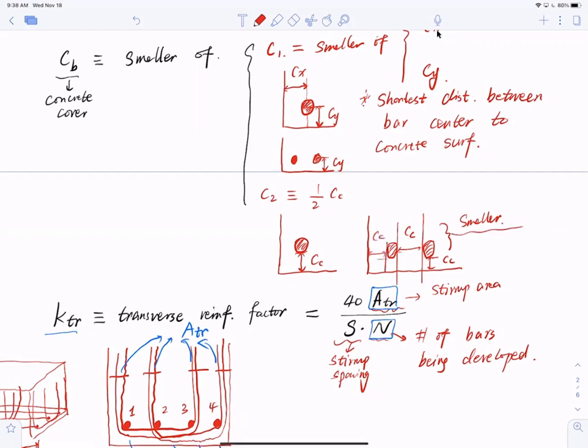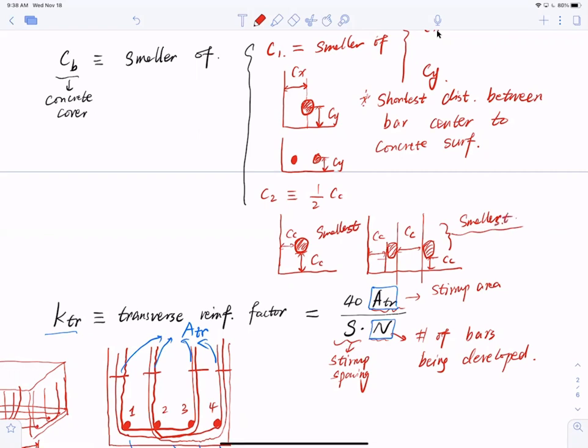You mean here? Yes, right there. You are just trying to find the smallest. Gotcha. Yeah, it's always the smallest.